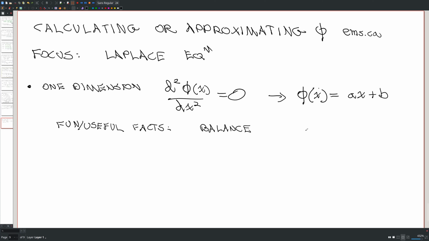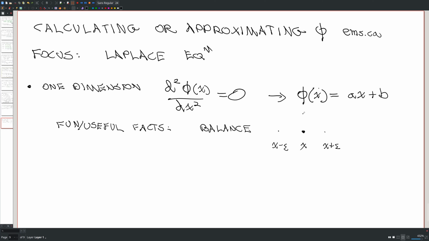What we mean by this is that if I take an evaluation point x, and another evaluation point x plus epsilon, and another x minus epsilon, then for any epsilon and any x, the value of the function at x is the average of the value of the function at x minus epsilon and x plus epsilon.